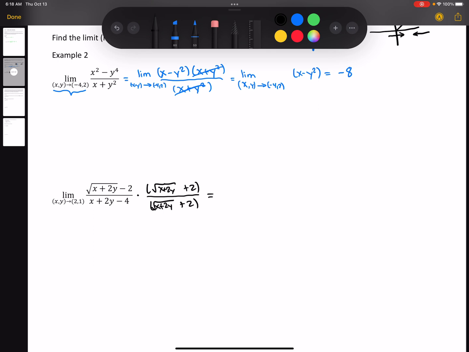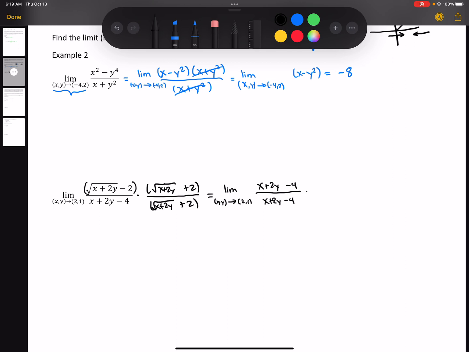In the numerator, remember, anytime we multiply two conjugates, we get the first term squared minus the second term squared. So we get the limit as the point (x, y) approaches (2, 1) of x plus 2y minus 4 over x plus 2y minus 4.